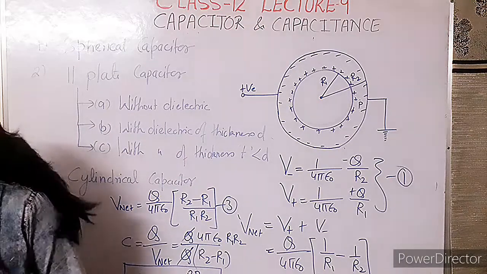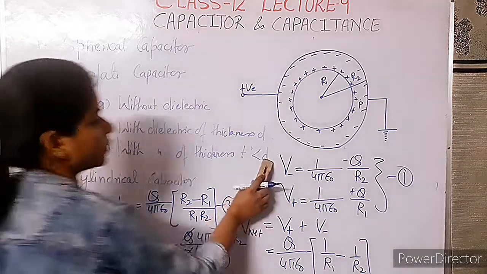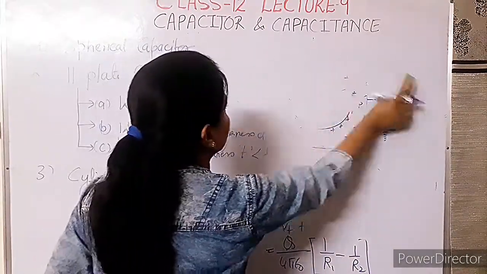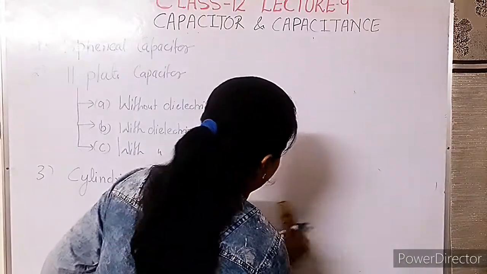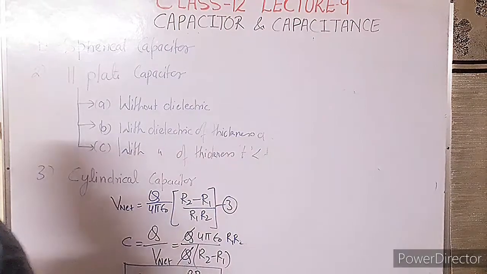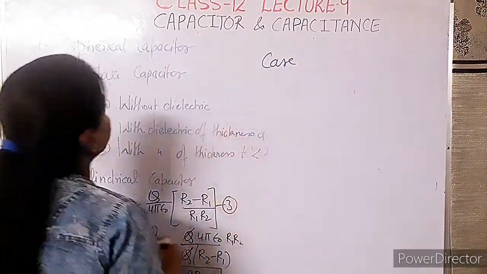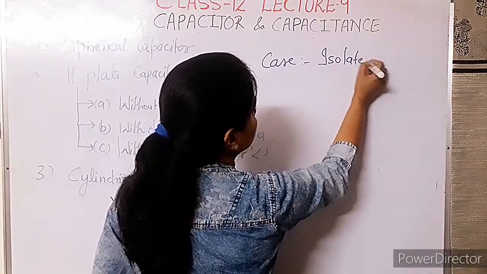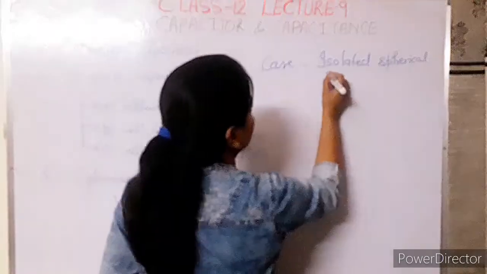So this is the overall formula for a spherical capacitor. Now we will take a case here, and that case is the isolated spherical conductor.